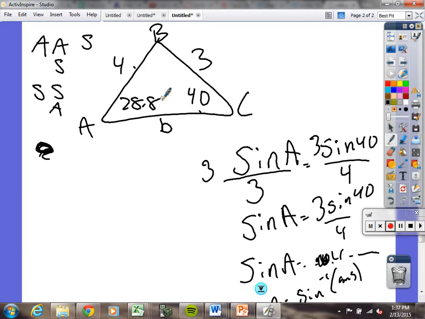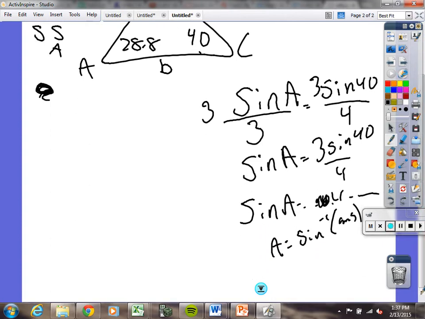Does that make sense? So 68.8, therefore this is, I think, 111.2. Yes, no? Is that right? Why did I do the arc sine? Anytime you're looking for an angle, that's when arc sines come in. Does that make sense to you?